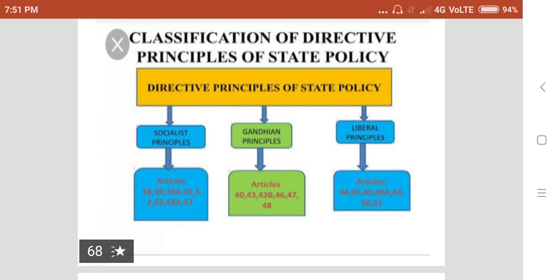All these articles explain clearly the Gandhian principles. Then liberal principles. The articles mentioned here explain clearly the liberal principles.